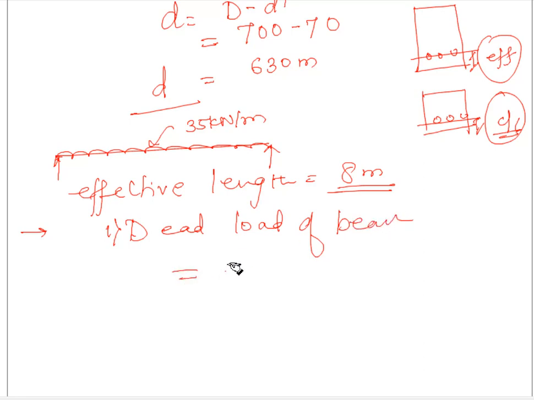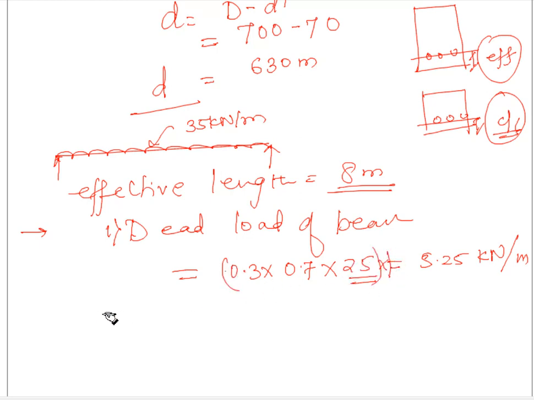The beam section is 0.3 meter width, 0.7 meter depth, and the beam density is 25 kilonewton per meter cube, which equals 5.25 kilonewton per meter. This is considered for 1 meter length of beam.